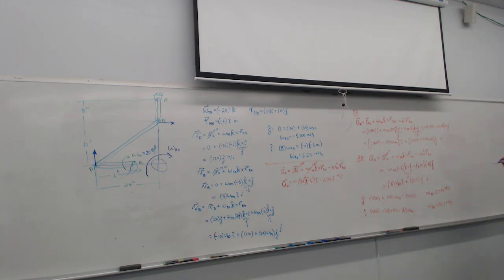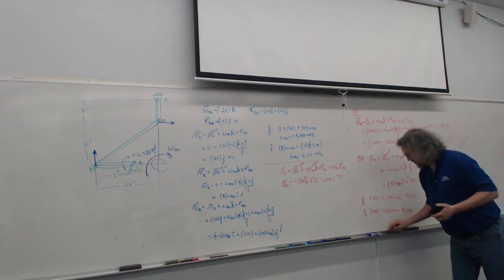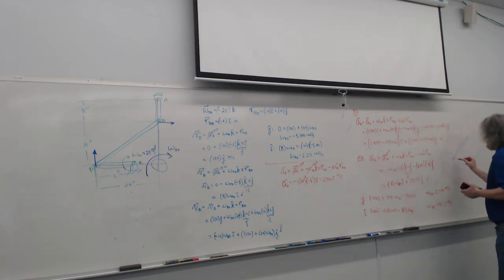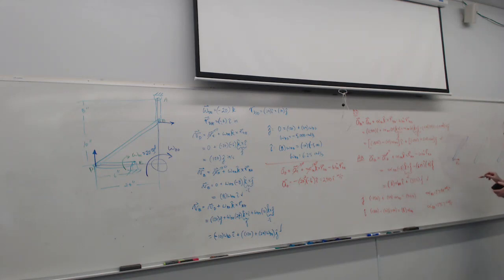And then if we were going to use the 3 diagram method for this piece right here, we would add an acceleration only in this direction. That's the acceleration of D going that way. Here we would have known this acceleration right here.